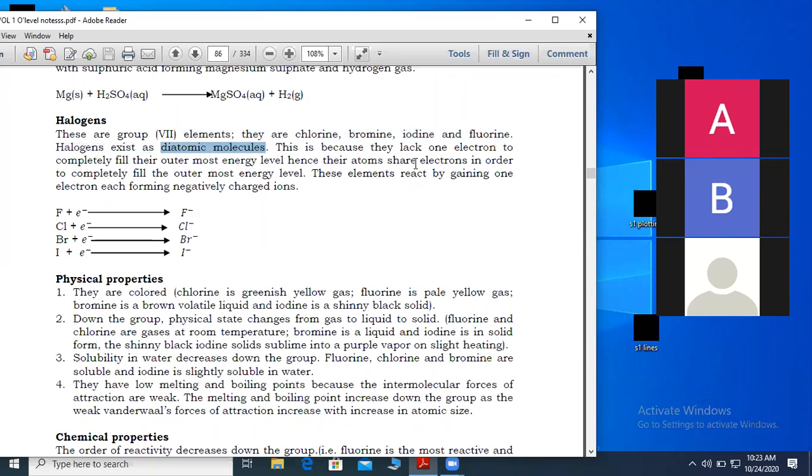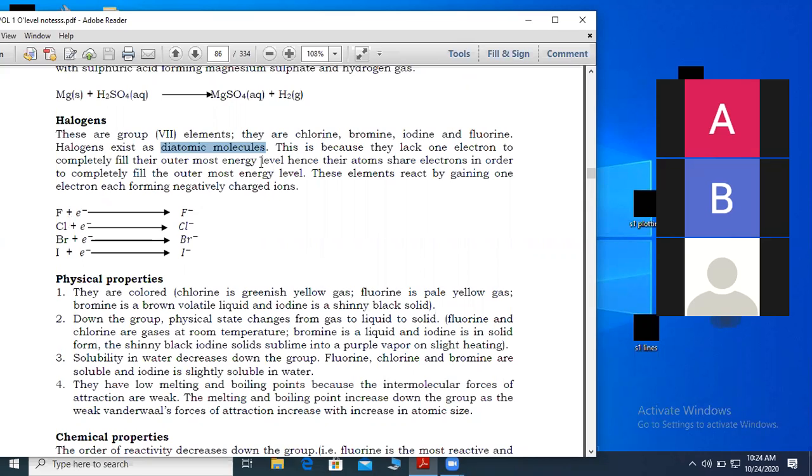And all gases exist as diatomic molecules. Now, the reason is here. This is because they lack 1 electron to completely fill the outermost energy level. Hence, their atoms share electrons in order to completely fill the outermost energy level.